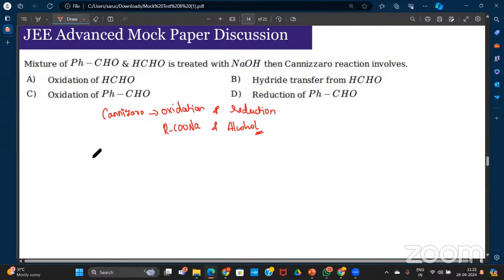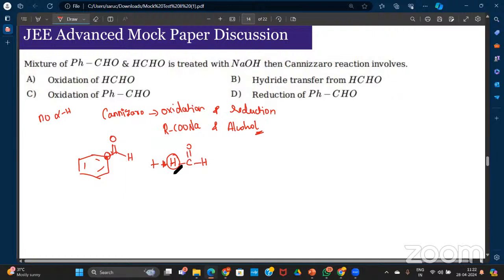When you have PhCHO, the condition for the Cannizzaro reaction is that there should be no alpha hydrogen. Formaldehyde has no alpha hydrogen either, but anyone should not have the alpha hydrogen. Here benzaldehyde doesn't have the alpha hydrogen.